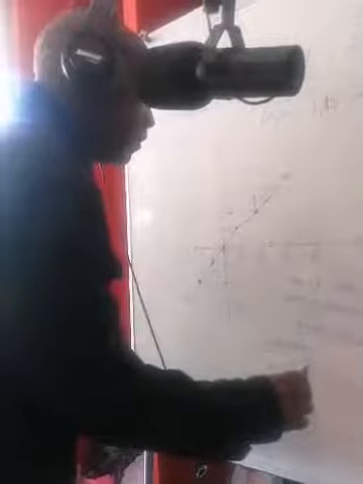So the domain now is just simply x is an element of real numbers. If you check in your textbook, you will see the symbol for real numbers. Remember, as mathematicians, we don't write the whole thing, real numbers. We just use symbols.